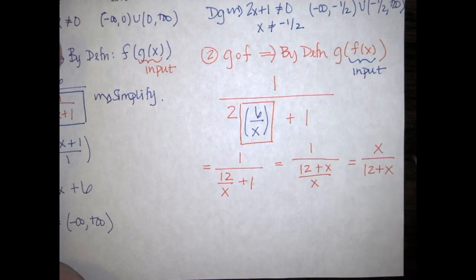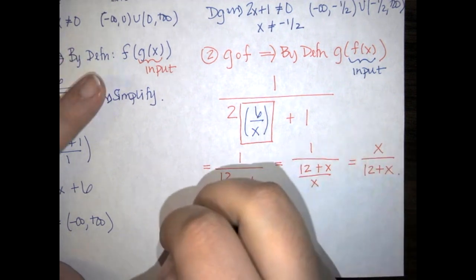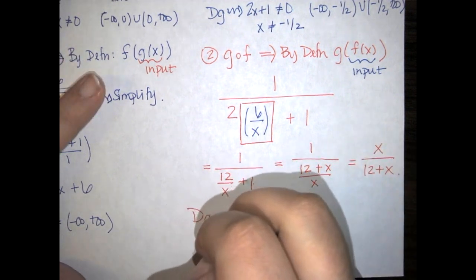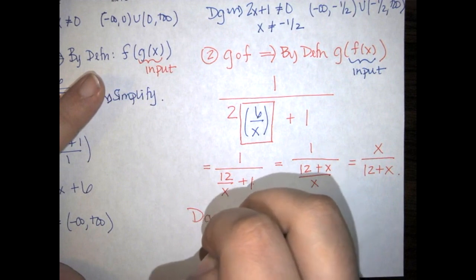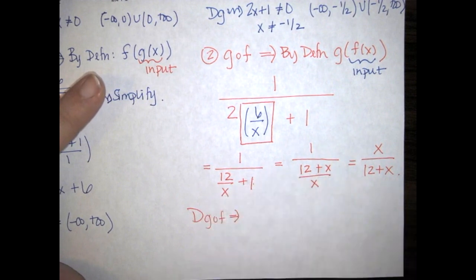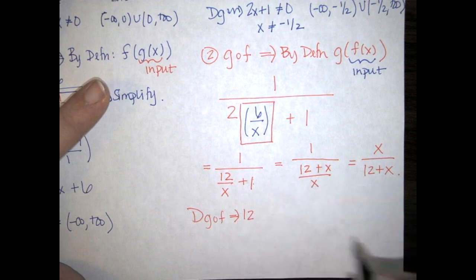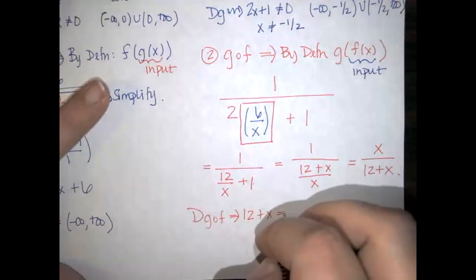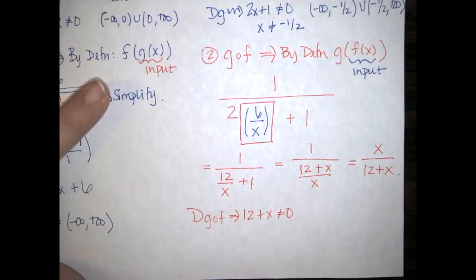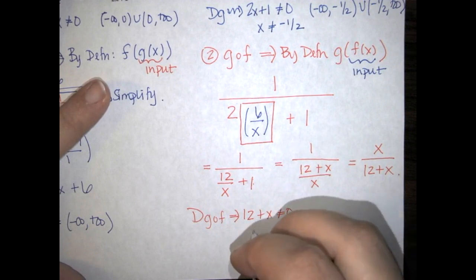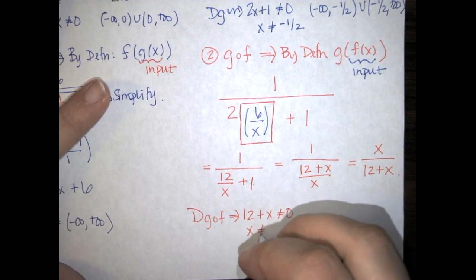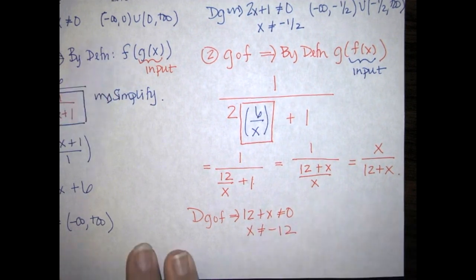Now, if we look at this one, we have an issue here because we have a fraction. So when I'm looking at my domain for g of f, I have to take into account that 12 plus x can't be 0. So in this case, what does that mean? Well, it means that x can't be negative 12.